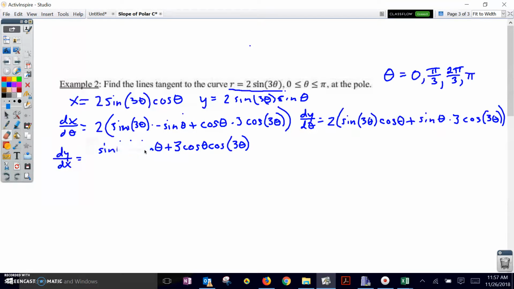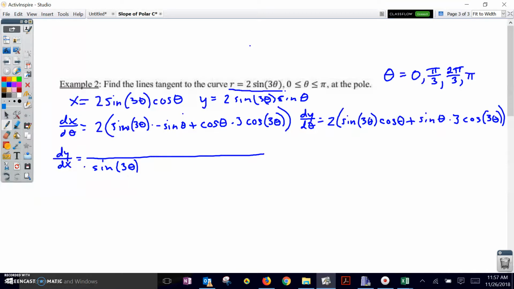So it's negative sine of 3 theta sine of theta, plus 3 cosine of theta cosine of 3 theta, all over sine of 3 theta cosine of theta plus 3 sine of theta cosine of 3 theta.